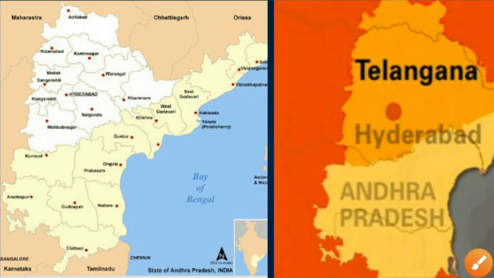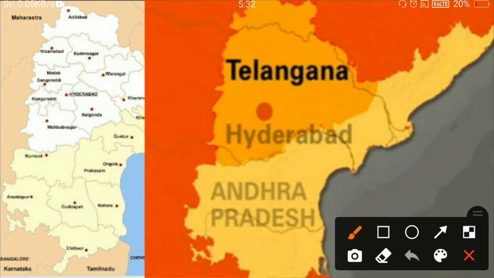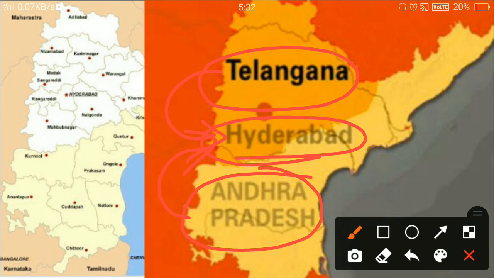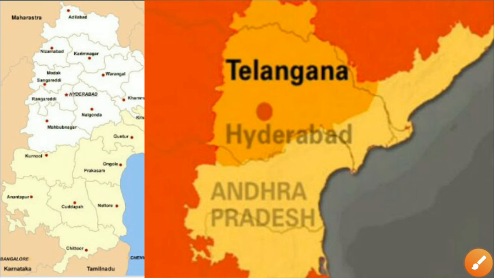After 2014, due to some reasons, Andhra Pradesh and Telangana were separated from each other, but the capital of both is the common one, and that is Hyderabad. तेलंगाना जो है पहले आंध्र प्रदेश का ही एक हिस्सा हुआ करता था, लेकिन कुछ रीजंस की वजह से आंध्र प्रदेश से तेलंगाना को अलग किया गया, लेकिन दोनों का कैपिटल एक ही है. Capital of both these states.